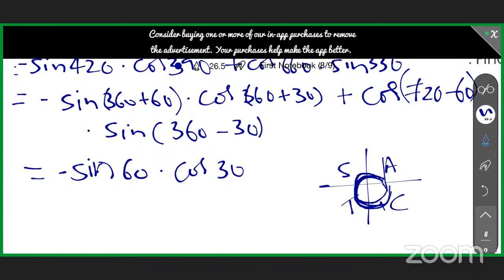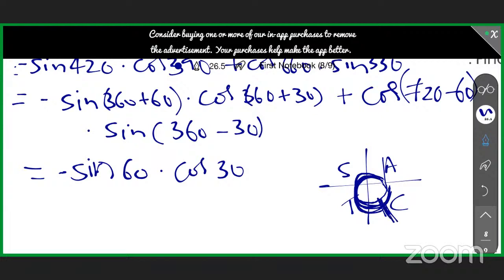So my cos is not completing 720 degrees, rather somewhere in between before 720 degrees, it is falling short. So it is 720 minus 60. See, my 720 will be here.